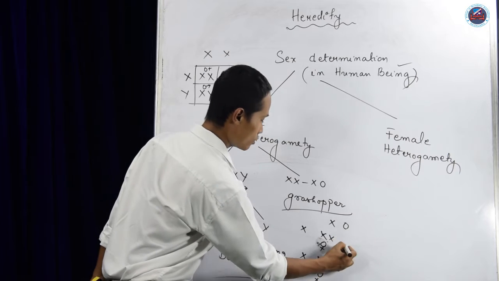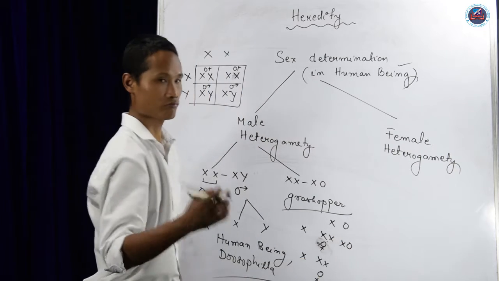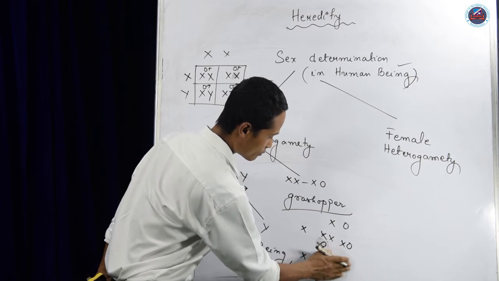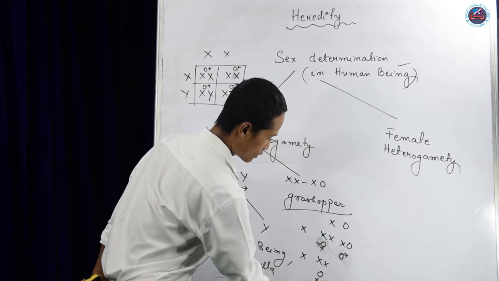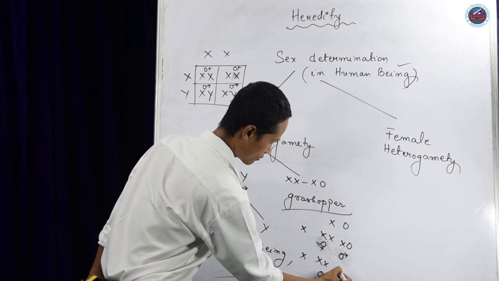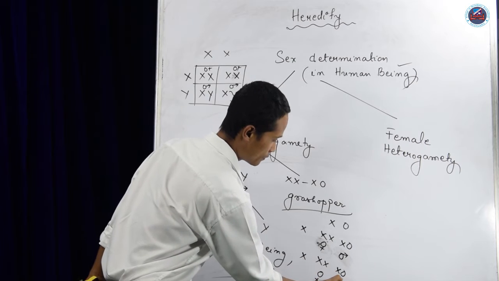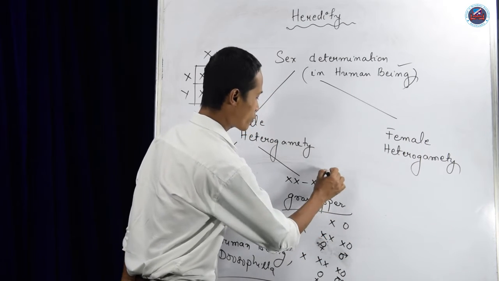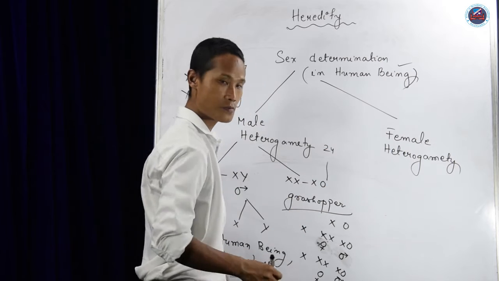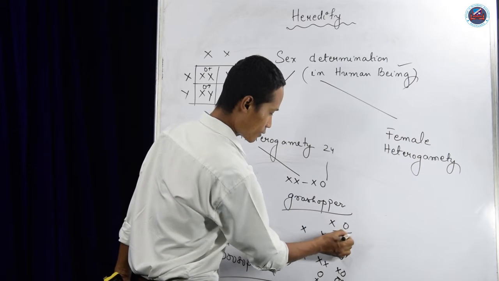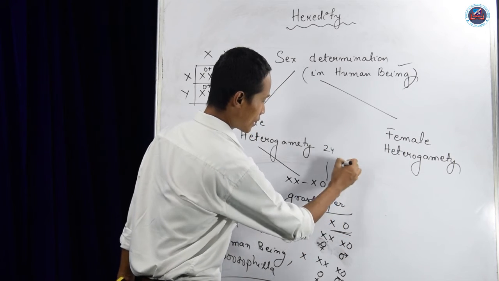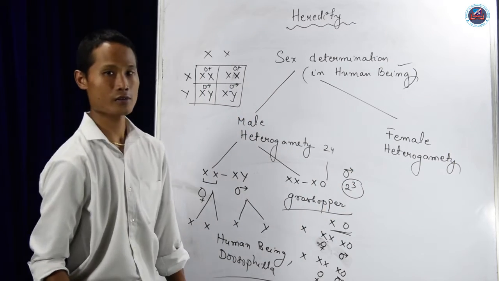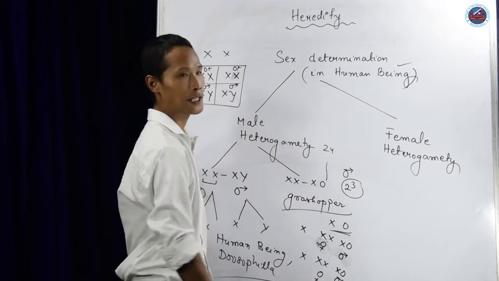X and O means X and 0, so this is male. And X and 0, this is again male. It means the grasshopper usually has 24 chromosomes, so a male has 23 chromosomes. So this is said to be male heterogamety.